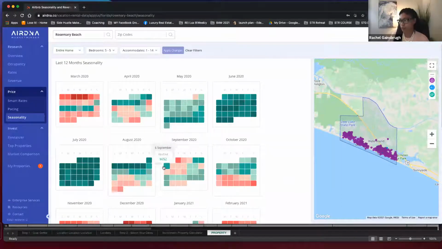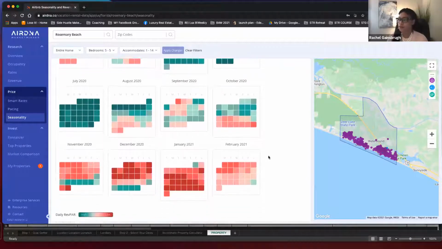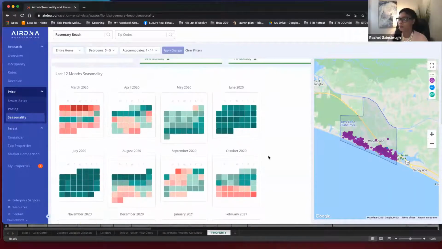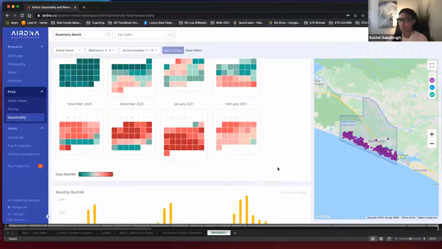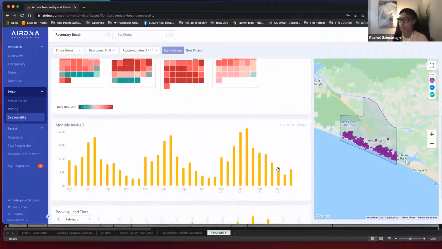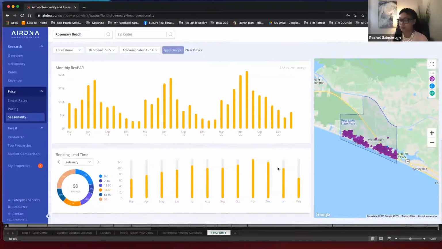April to September 1st-ish. I think this is Memorial Day. November, December, January. Yep. So that's kind of what we expected and what we were discussing.